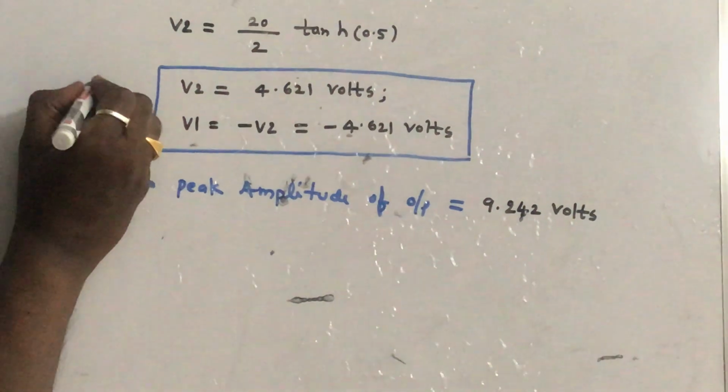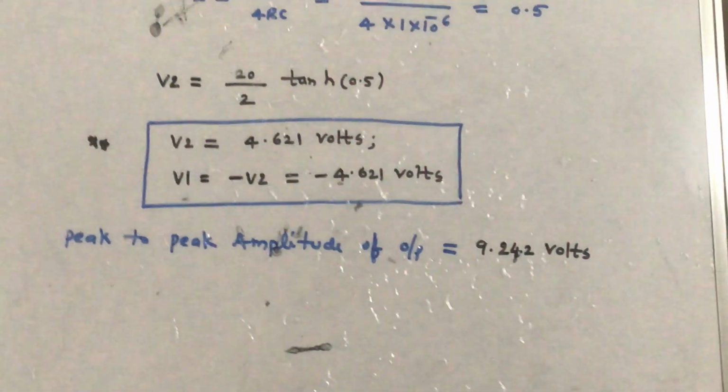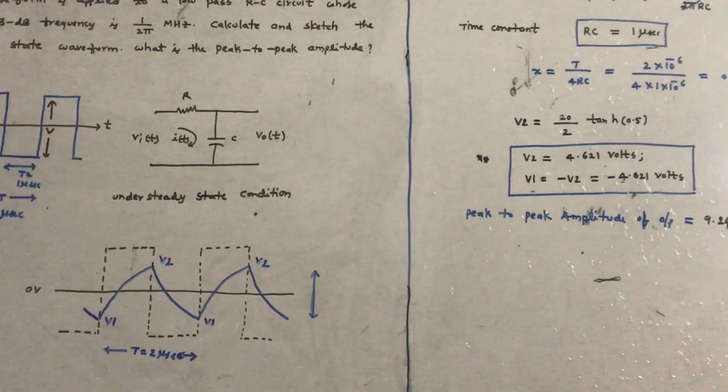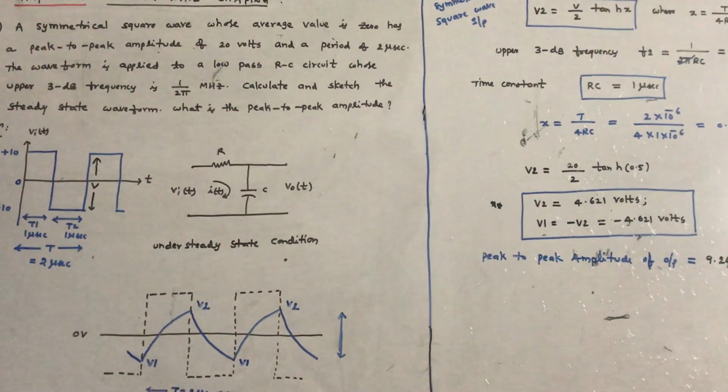These are the answers you have to mention. So this is all about a very simple problem, based on only one formula for a symmetrical square wave input. Thank you.